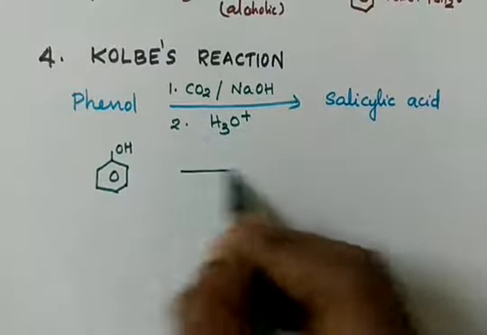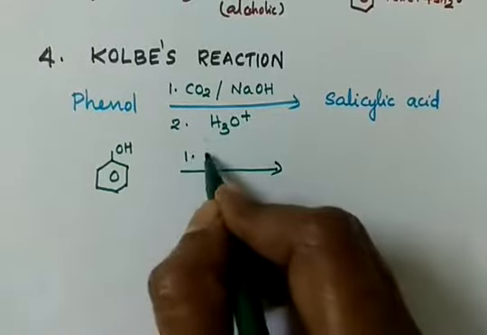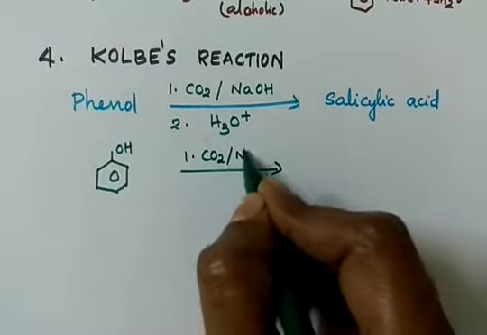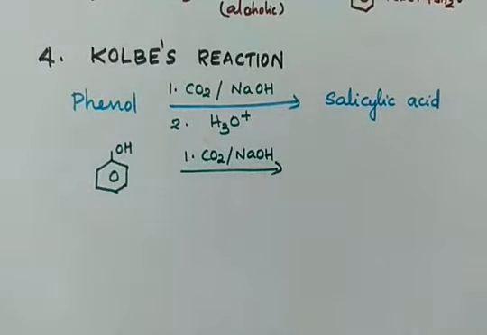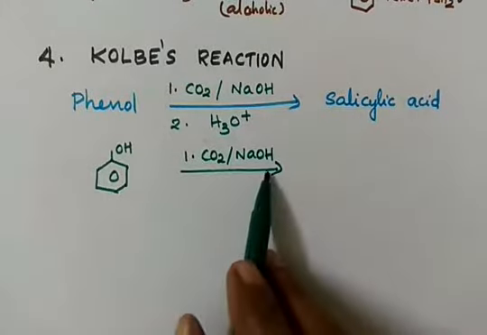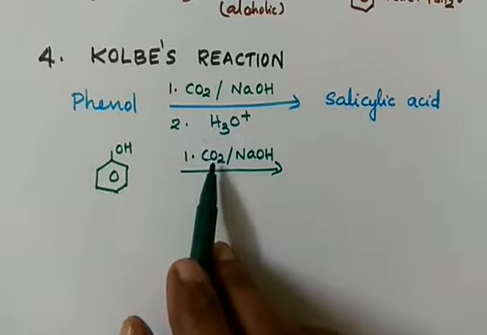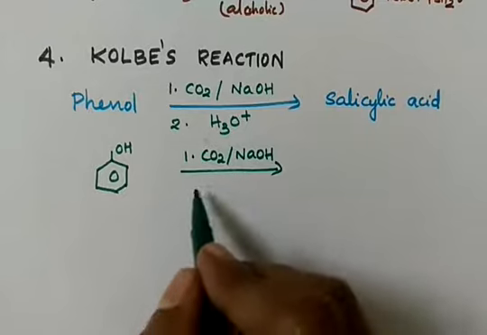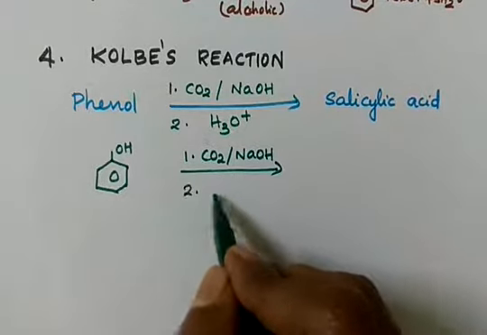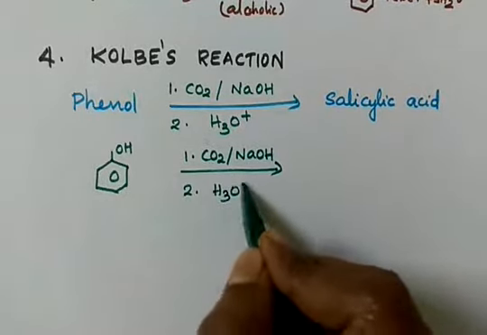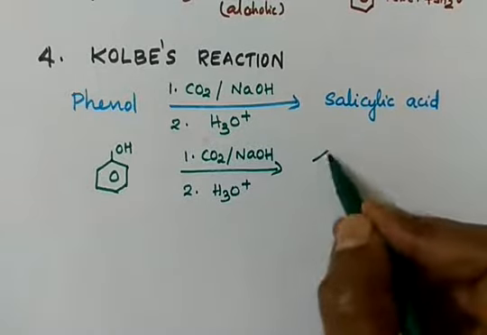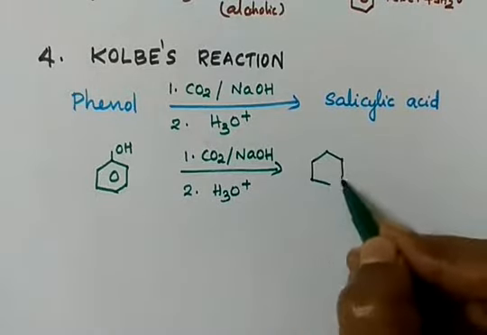So here you can write phenol, the formula of phenol, C6H5OH. Phenol first reacts with sodium hydroxide and forms sodium phenoxide. Then sodium phenoxide reacts with carbon dioxide to form an intermediate compound, and the intermediate compound on acidification or hydrolysis produces salicylic acid.